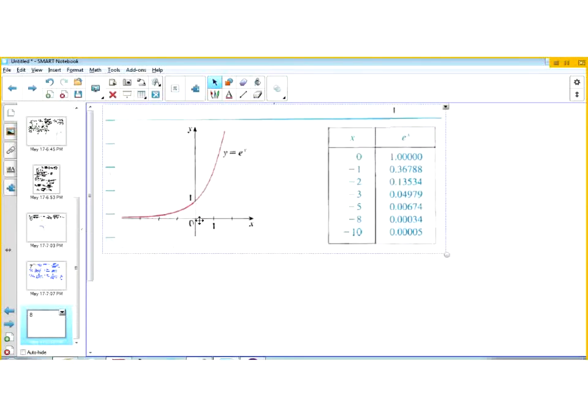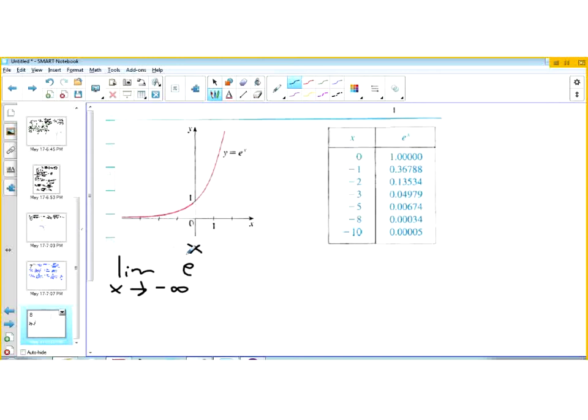So here we have the red graph showing y equals e to the x from algebra. And what we're interested in knowing is the limit as x approaches negative infinity of e to the x.